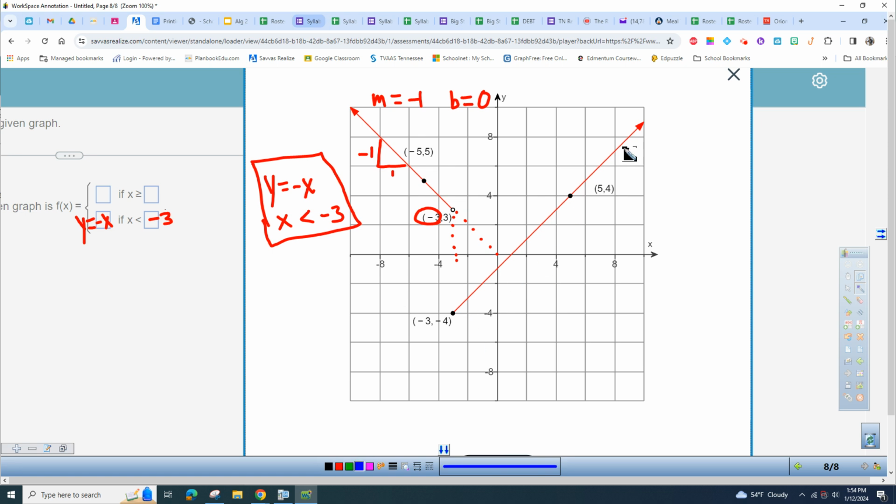So let's look at this line here. On both of these, they gave you 2 points, so you could calculate slope. I'm thinking it's pretty clear here, but let's double check. I think it's 1. But let's use the points just in case.